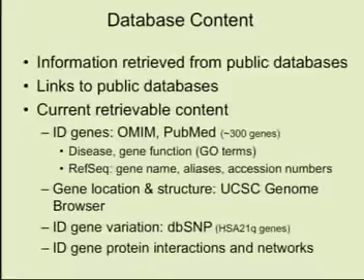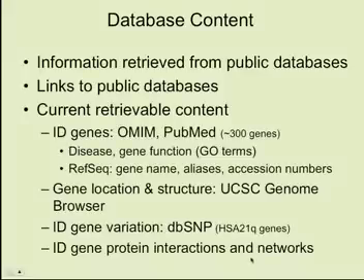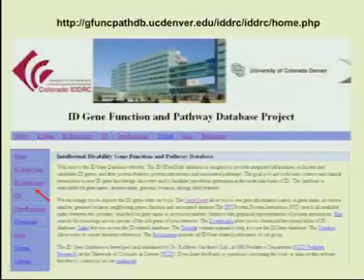In a separate place at the moment, we provide information on protein interactions and networks. And you can generate your own networks depending on the genes or the proteins that you are interested in and user-specified queries.